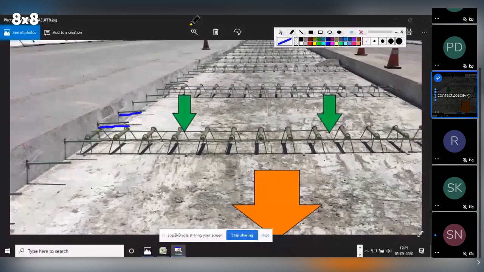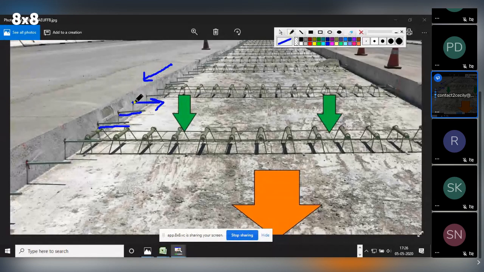If a question comes, then tie bars are placed in which joint? They will be placed in the longitudinal joint. That is the first question. Another question will be in which direction the tie bars are placed. See here, this direction is perpendicular to the traffic, which is coming from this direction, whereas our alignment is in this direction.